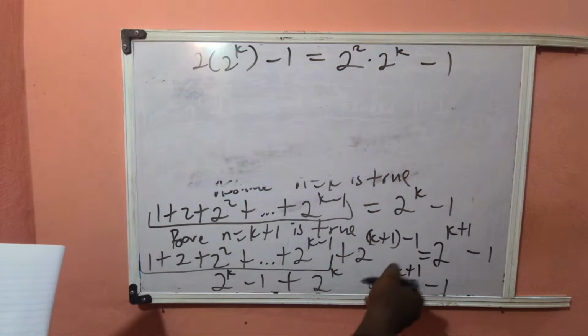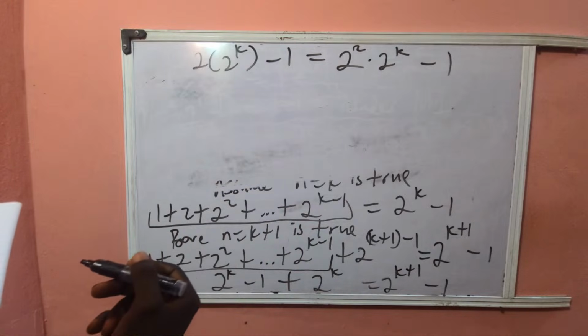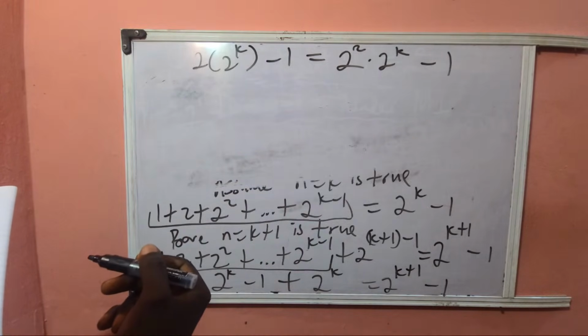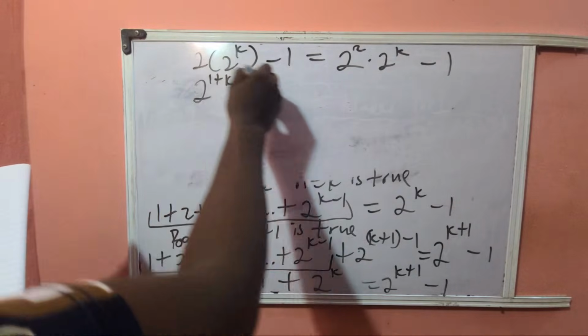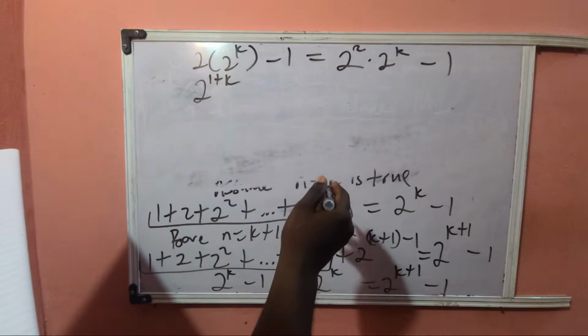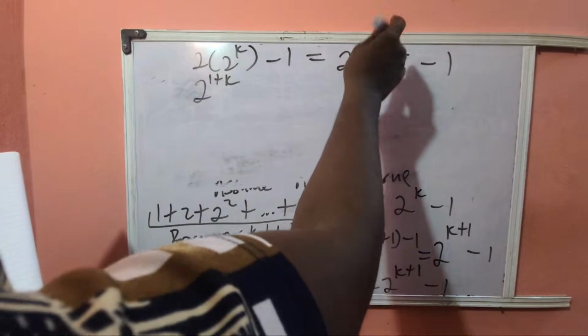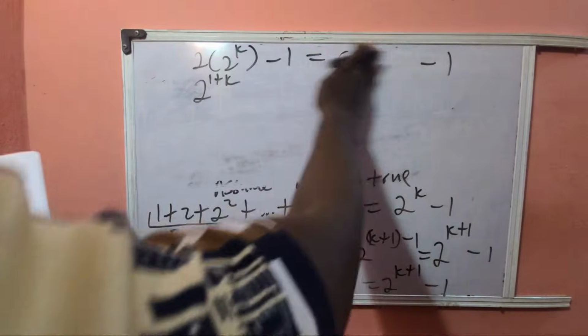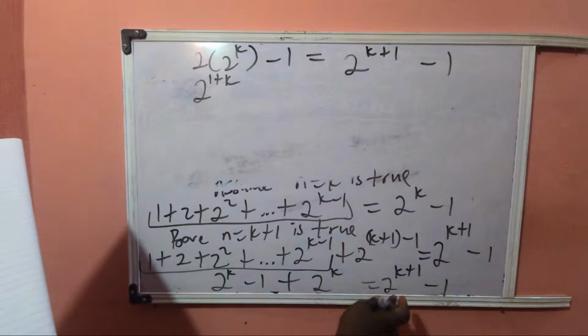I'm interpreting this as 2 raised to power k times 2 raised to power 1. So you can see that this will be equal to 2 raised to power k plus 1. I did not need to have converted it, so let me just leave it that way.